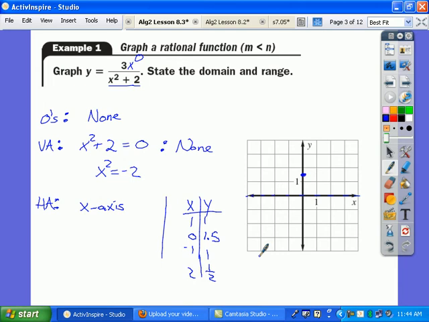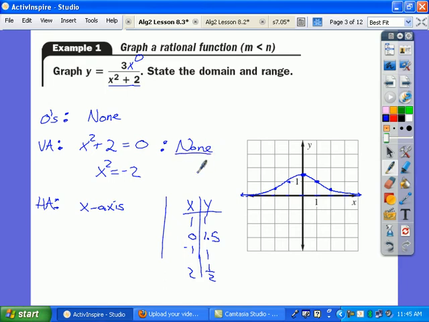So we get a graph. It does that, and it never touches the x-axis. Remember, the x-axis is an asymptote here. And there we are. Now, recall that since there is no vertical asymptote, the domain here is going to be all real numbers.